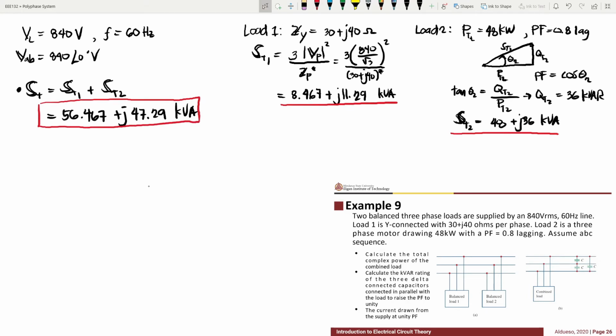Now for the next question, calculate the kVAR rating of the three delta-connected capacitors connected in parallel with the load to raise the PF to unity.